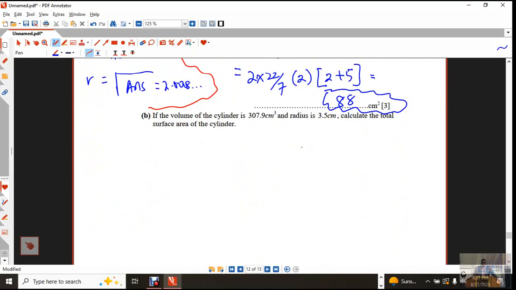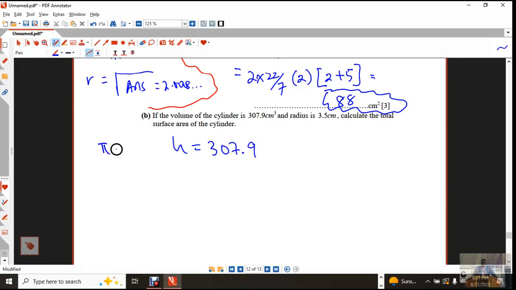They say for the volume of the cylinder, the volume of a cylinder is pi r squared h. The volume of the cylinder is 307.9, and then they say the radius of the cylinder is 3.5. So I can just go ahead and include that.